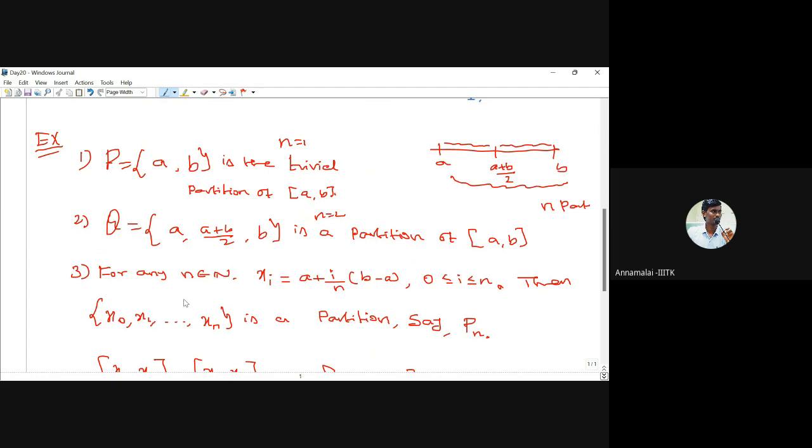Therefore, every partition is a refinement of the trivial partition.